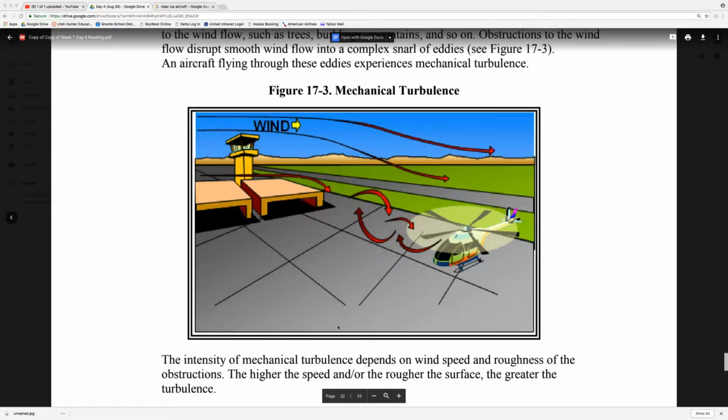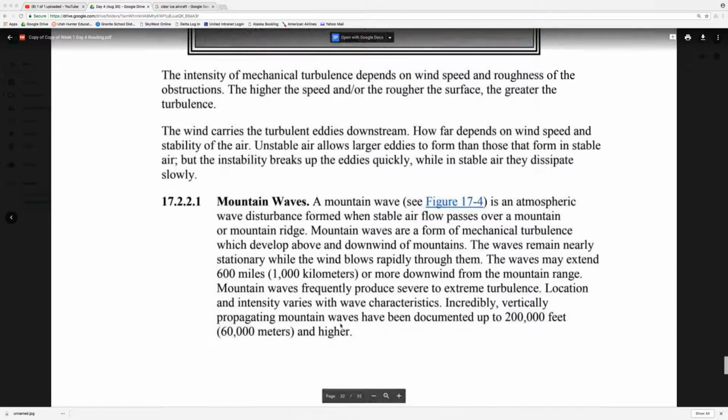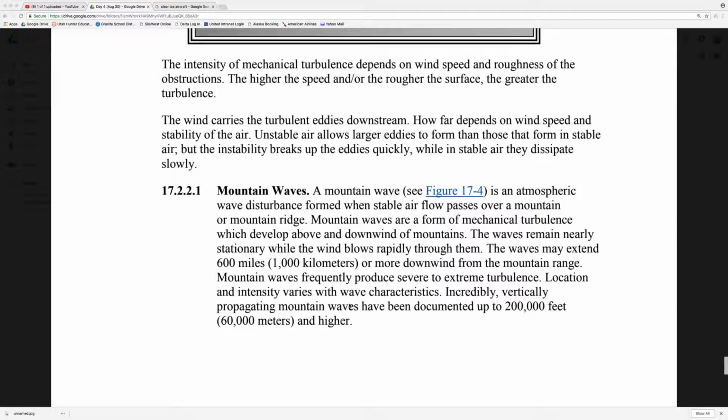Like it sucks bad. But yeah, so basically it's just caused by wind hitting a surface and then tumbling, not flowing smoothly over it.